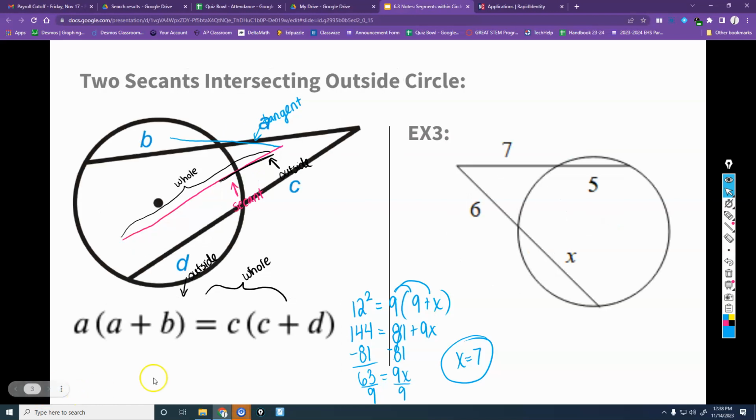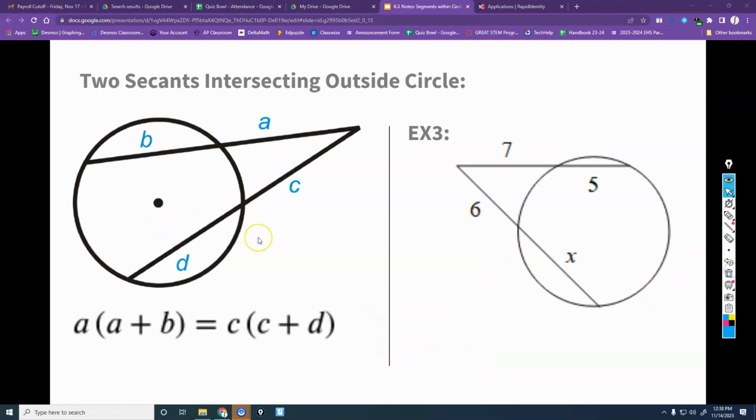All right, let's go on to the next rule. So this time you have two secants that are intersecting outside of a circle. So you can see here that you've got A, which A is our outside piece, times A plus B, which A plus B right here would be the whole secant, right?